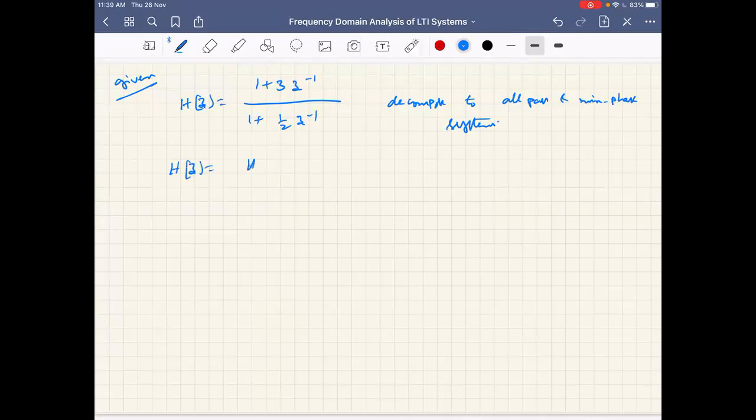So how do we write H(z)? We want to write H all pass of z, and H minimum phase of z. Let us follow this sequence. To write H all pass of z, what we take is 1 plus 3z inverse, but take 3 outside to have the structure of all pass. What is the structure of all pass? H ap of z is equal to (z inverse minus c star) by (1 minus c z inverse).